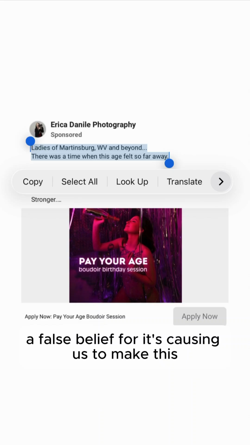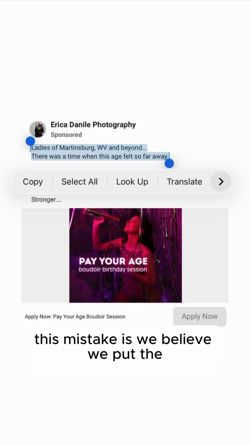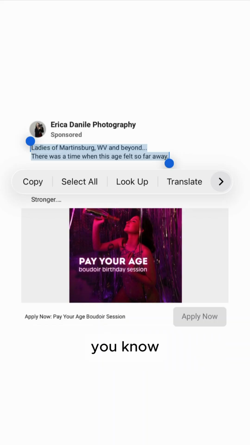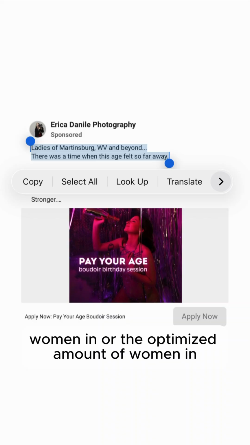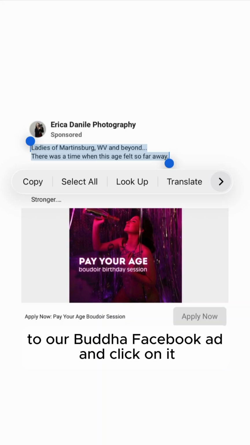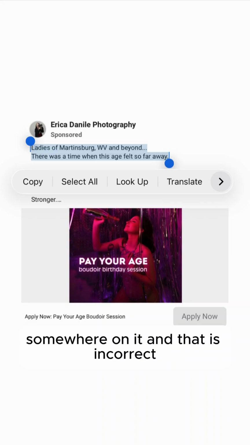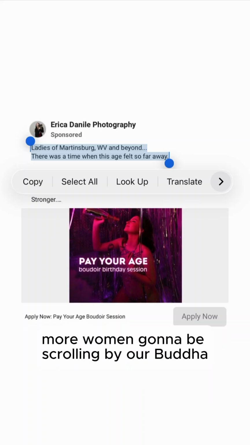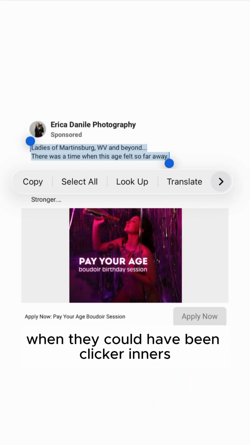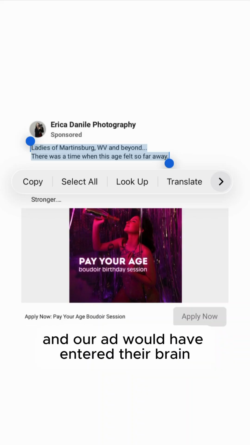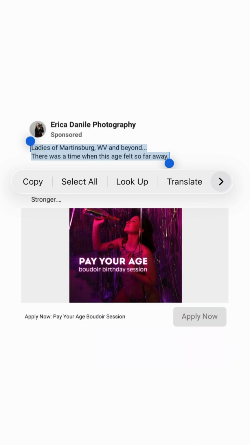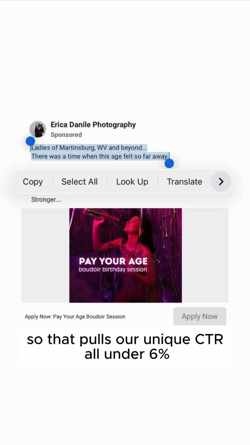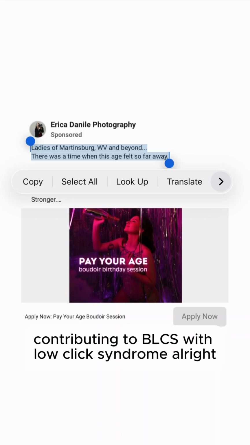The false belief that's causing us to make this mistake is we believe we put enough context in here to pull the maximum, or the optimized, amount of women into our boudoir Facebook ad to click on it, and that is incorrect. So the consequence of this is way more women are gonna be scrolling by our boudoir Facebook ad than necessary, when they could have been clicker-inners and our ad would have entered their brain, but they simply scroll on by and we waste that money. So that pulls our unique CTR under 6%, contributing to BLCS, boudoir low click syndrome.